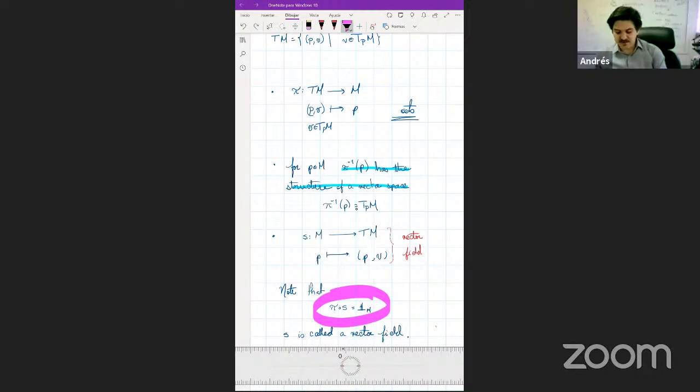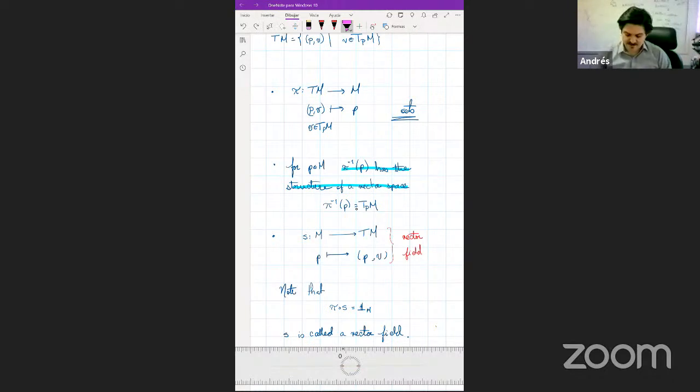So vector fields are going to be functions from the manifold to the tangent bundle that satisfy this condition. Exactly this means that at each point you assign a vector that belongs to the tangent space at that point. So that's the relation that we use.